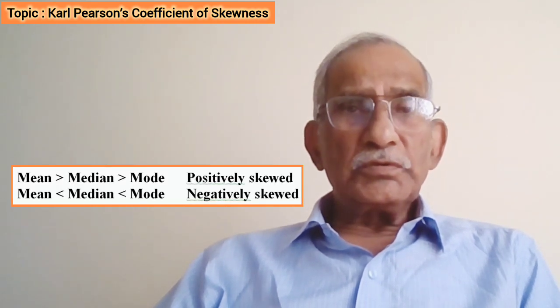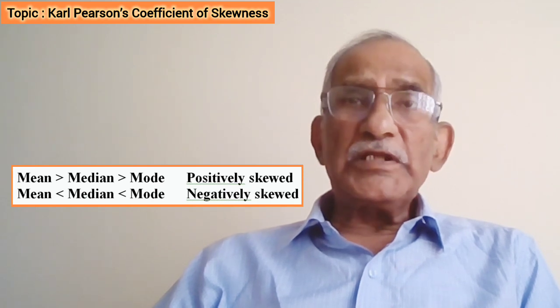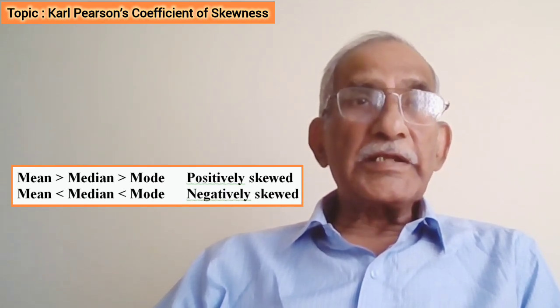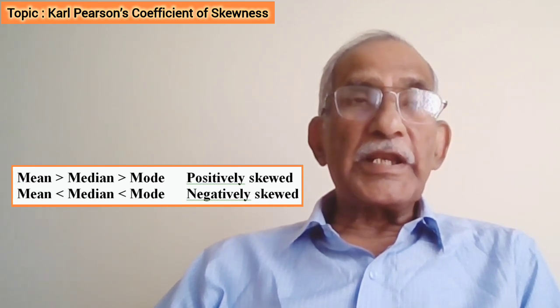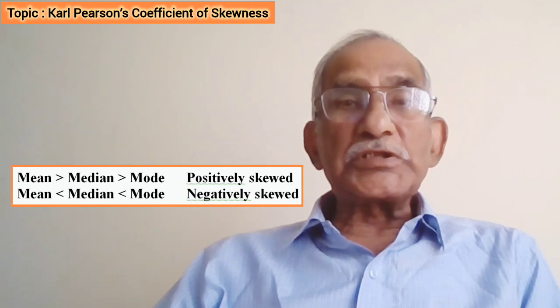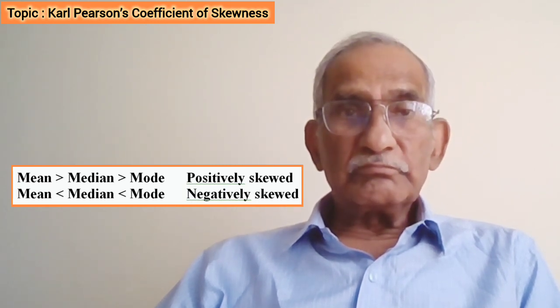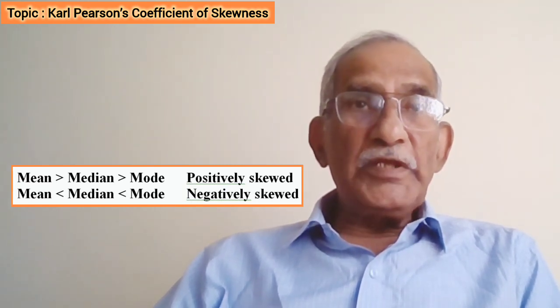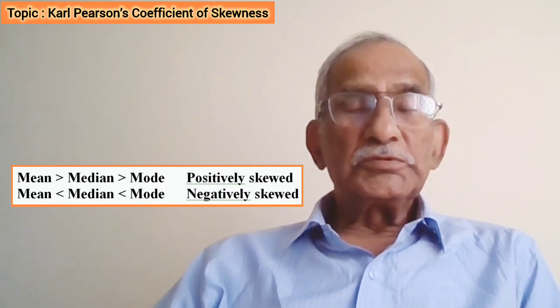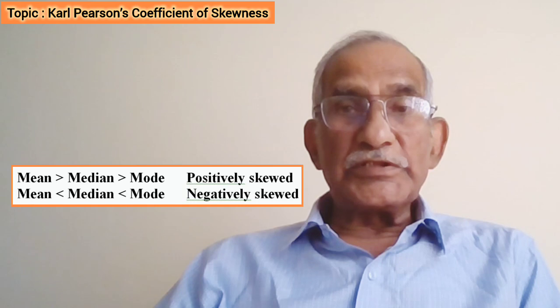We also know that if in a distribution mean is greater than median, is greater than mode, then the distribution is positively skewed. If mean is less than median, less than mode, then the distribution is negatively skewed.